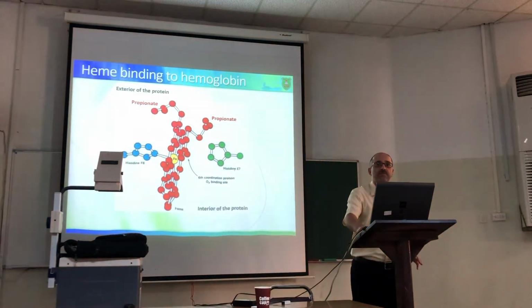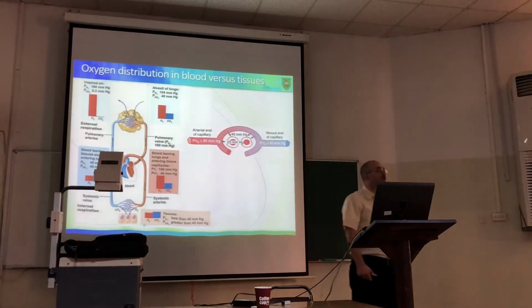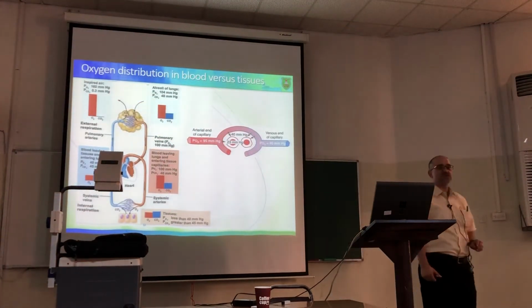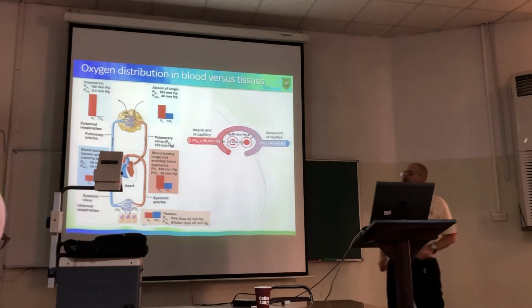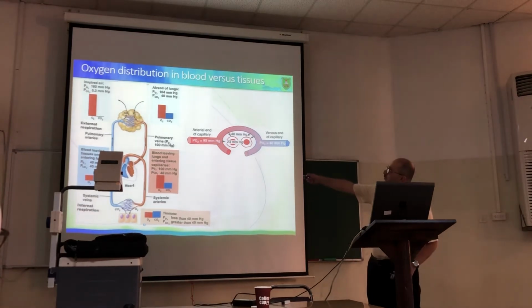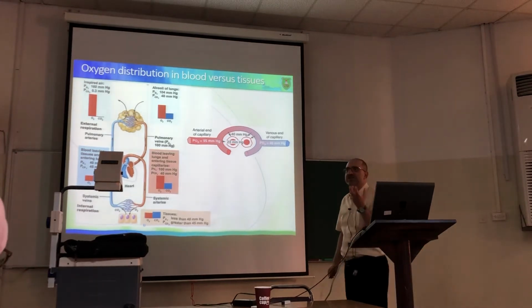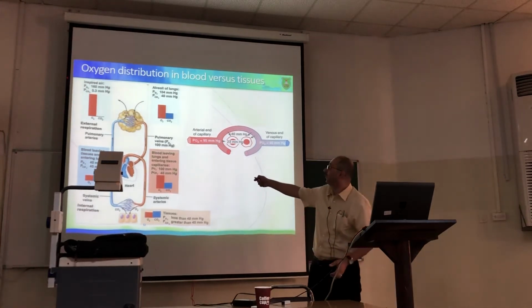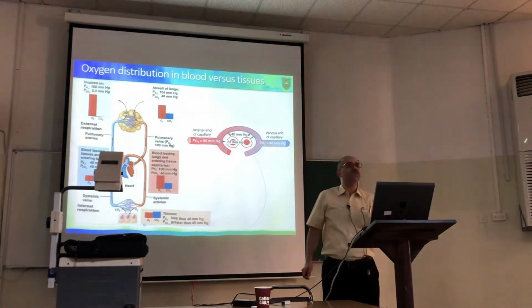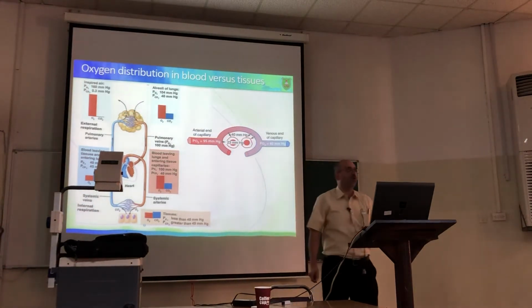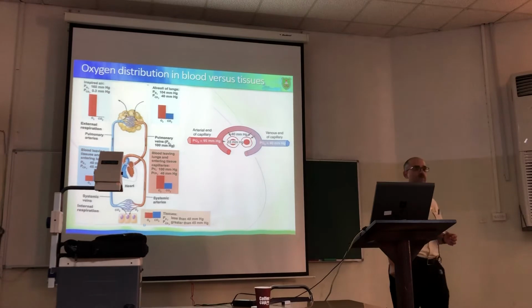Let's move on. So what is the function of hemoglobin? Transporting oxygen. Look at the pressure of oxygen, how much oxygen there is in the air that we inspire. It's about 150 to 160 torr, millimeters of mercury.